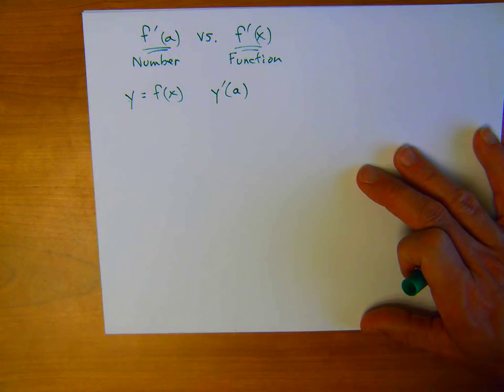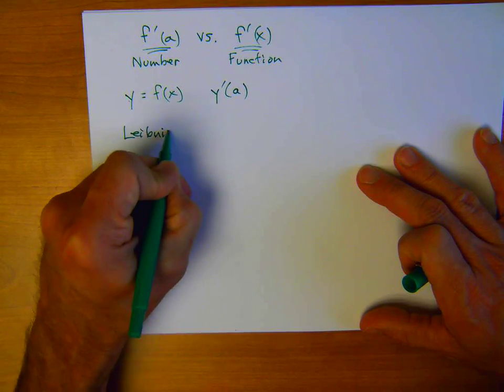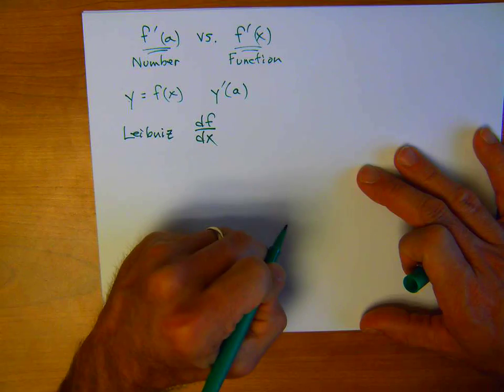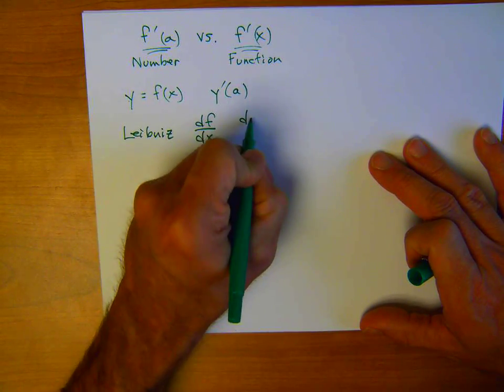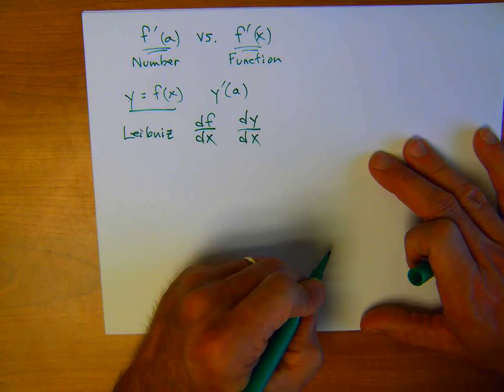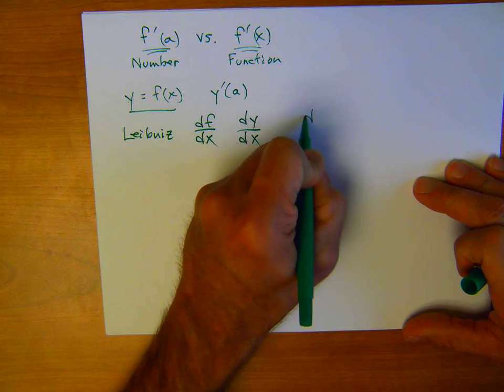If you see y prime of a, like y prime of 2 or 3 or whatever, then you're talking about this. Another notation that you might see is called Leibniz notation, and it looks like df dx, or it might be dy dx, right? Because y and f are kind of the same thing. So, for example, you might see the derivative.